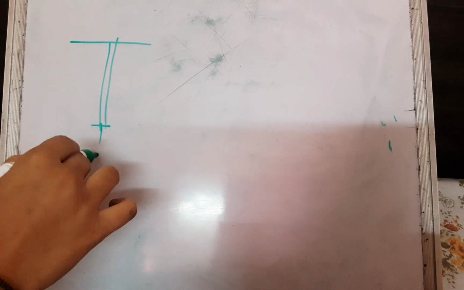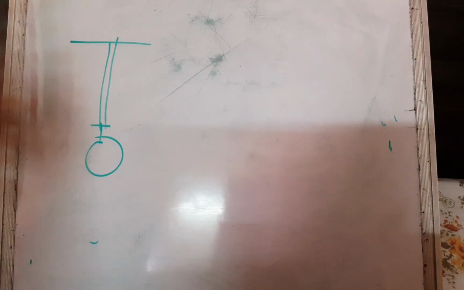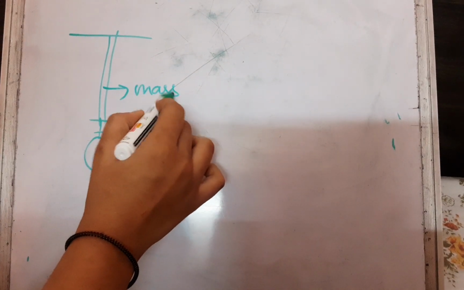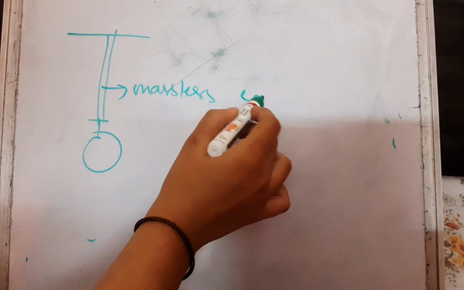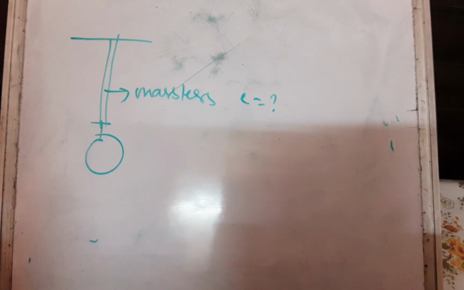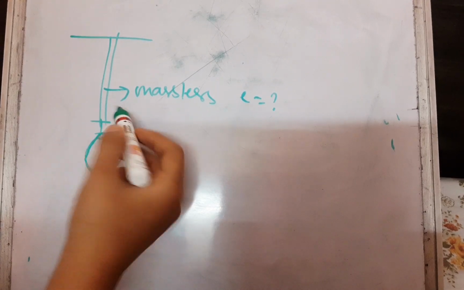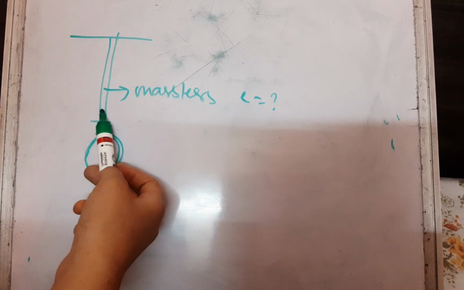Suppose they give you the same condition, attaching a weight to the wire, but they say the wire is massless, it's not having mass. Then what is the elongation of the wire? That time you should only consider the elongation due to this weight, not because of the wire.